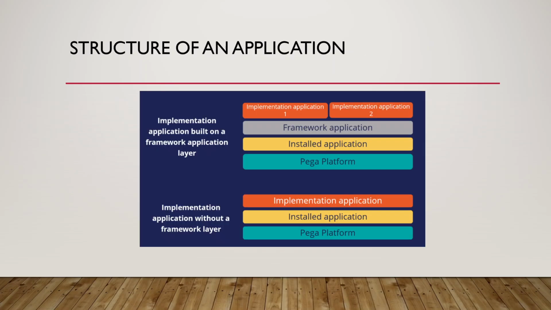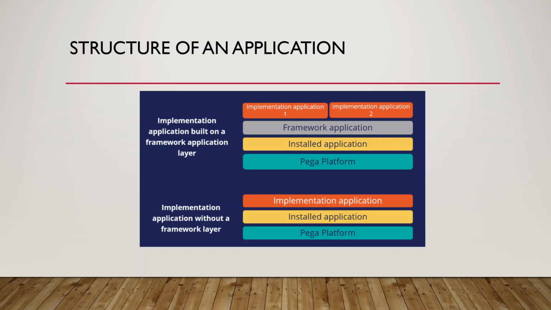If I go back to the screen, this is the structure of an application which you can see here. The first block that you're seeing is the implementation application built on the framework application layer. In Pega, Pega provides us Pega rules, which will be the base product. Pega has also started something new: they are not only selling the Pega platform as a service, they are also selling a few framework applications.